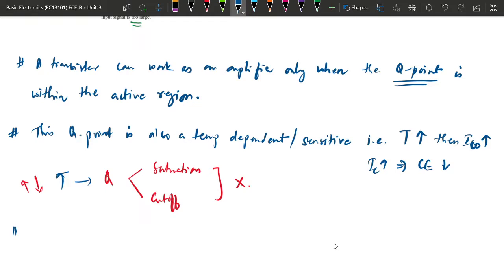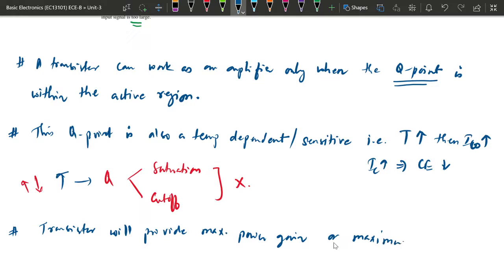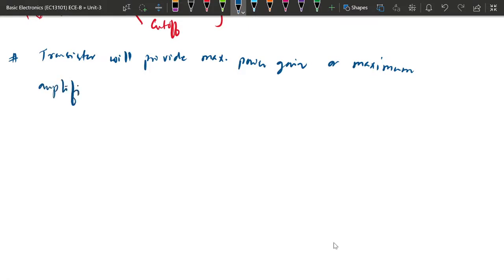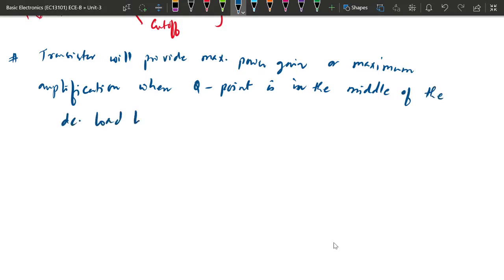So here we can write that the transistor will provide maximum power gain, or maximum amplification, when the Q point is in the middle of the DC load line.